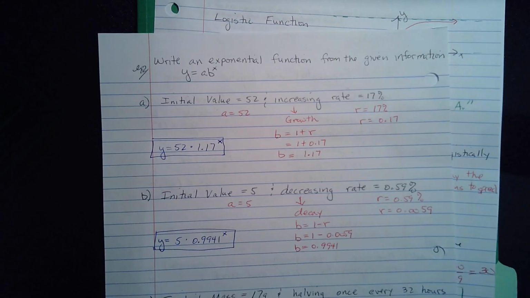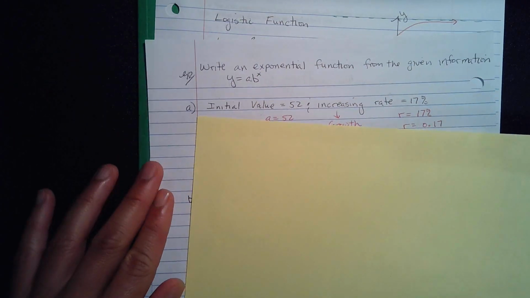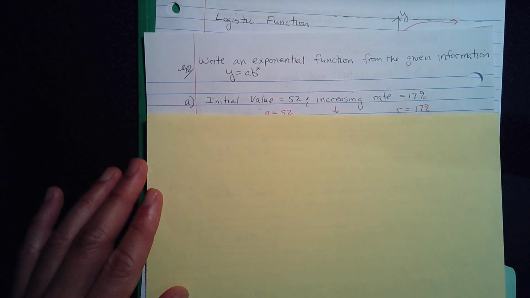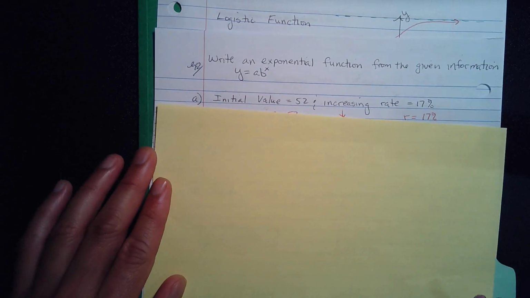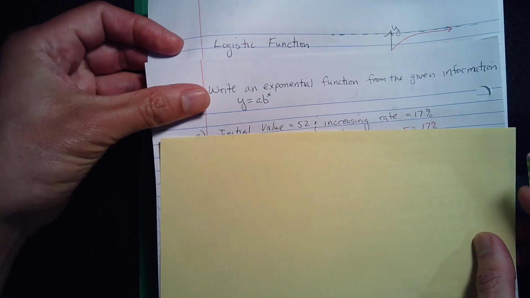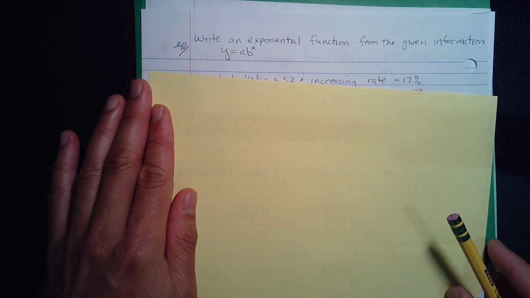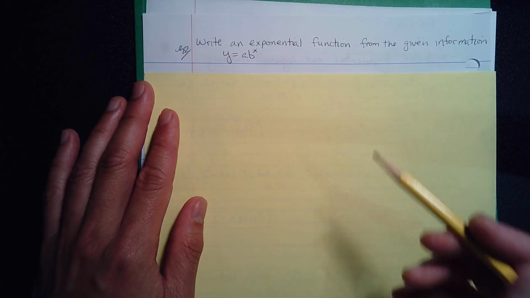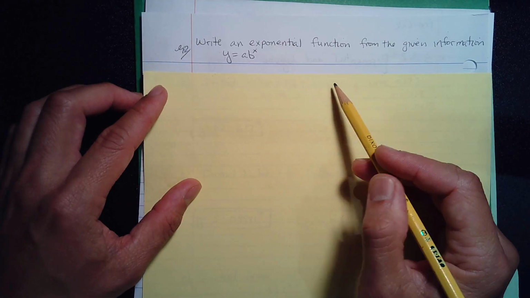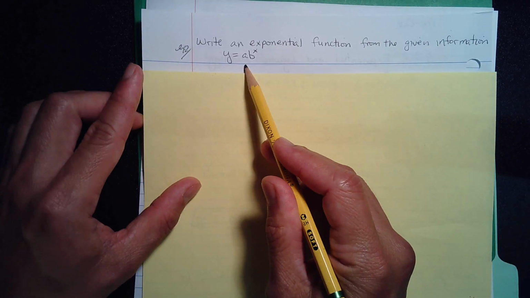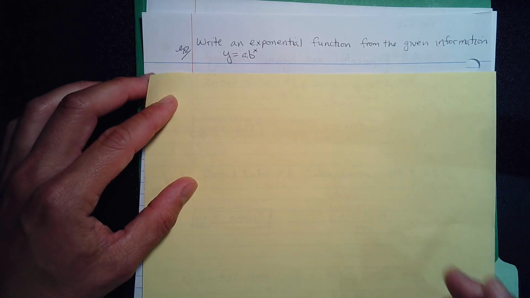All right. Here is example 2. It says to write an exponential function from the given information. Y equals a times b to the x power.